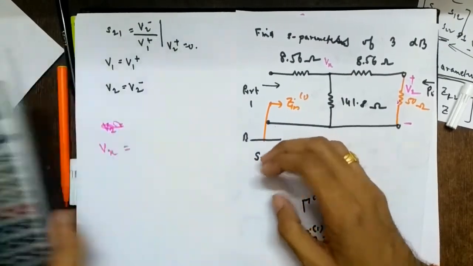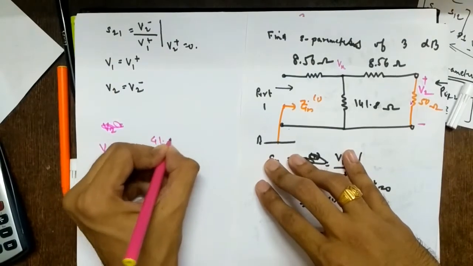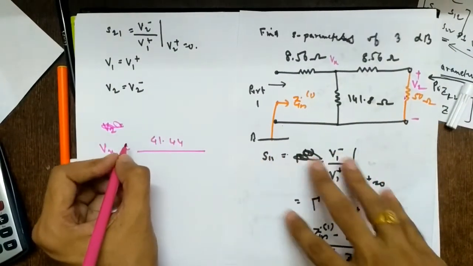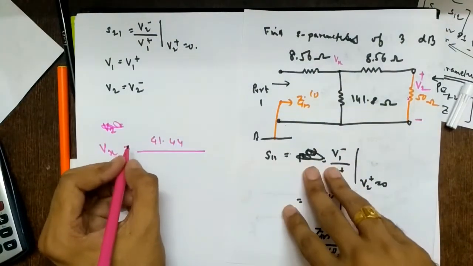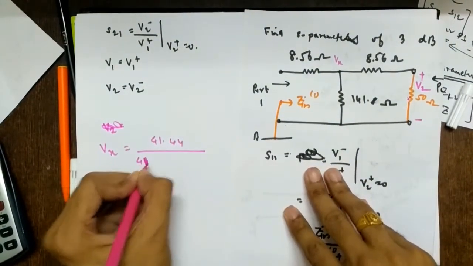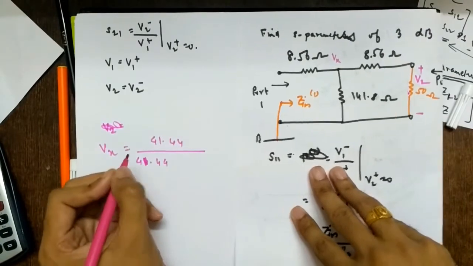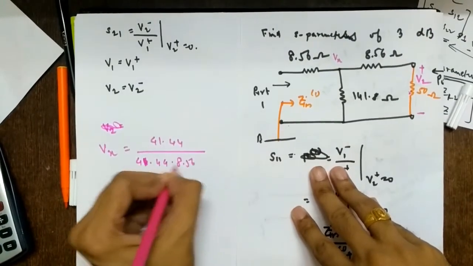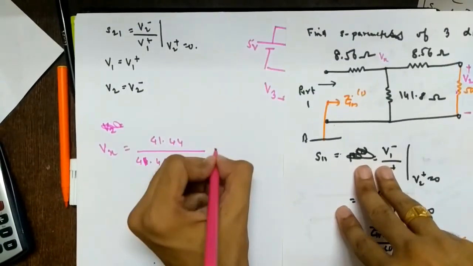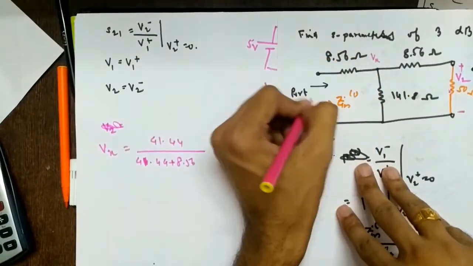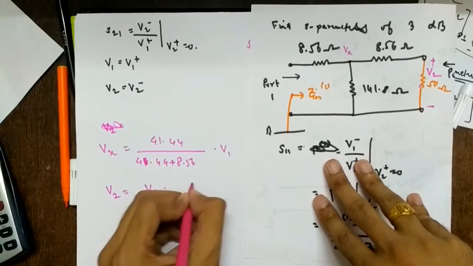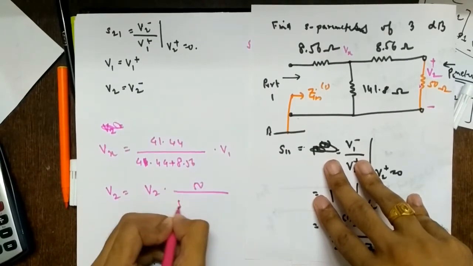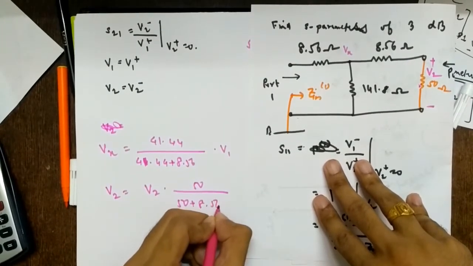So how much is it? 41.44. So 41.44 upon 41.44 plus 8.56, into the total voltage for Vx, which is V1. Then V2 will be Vx into 50 upon 50 plus 8.56.